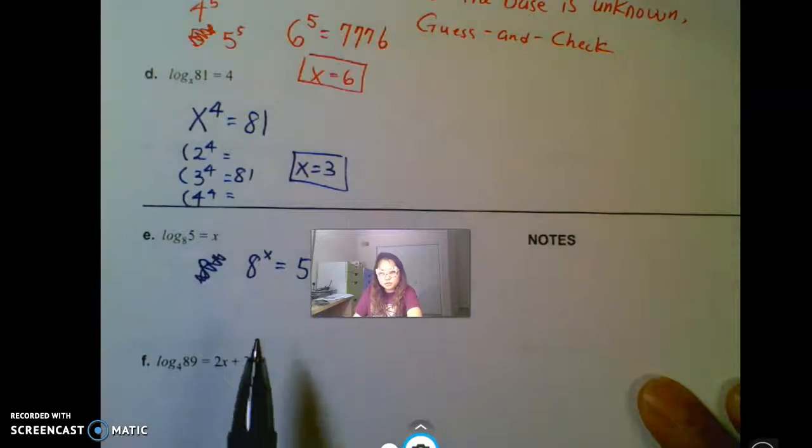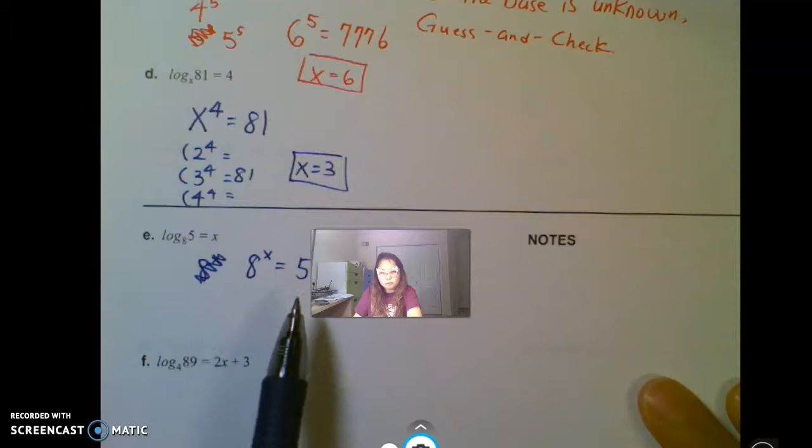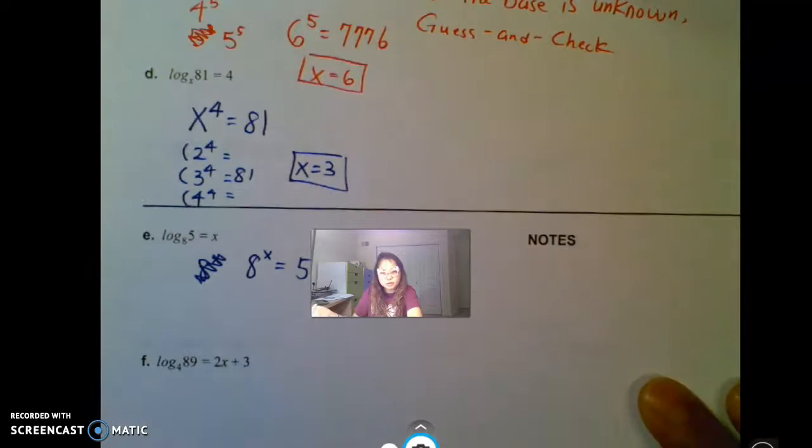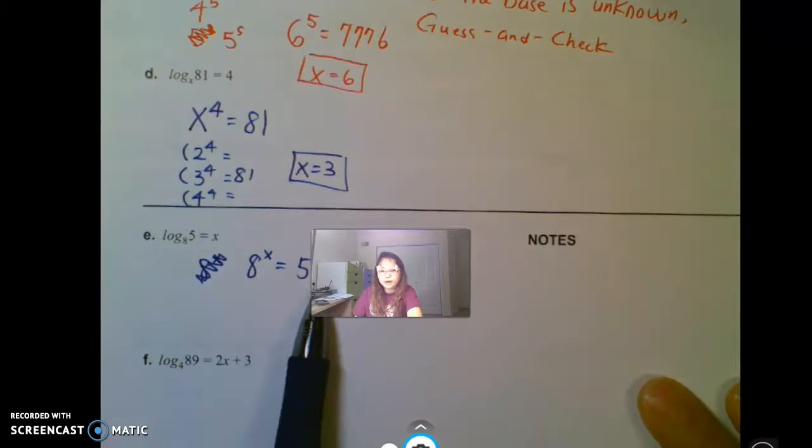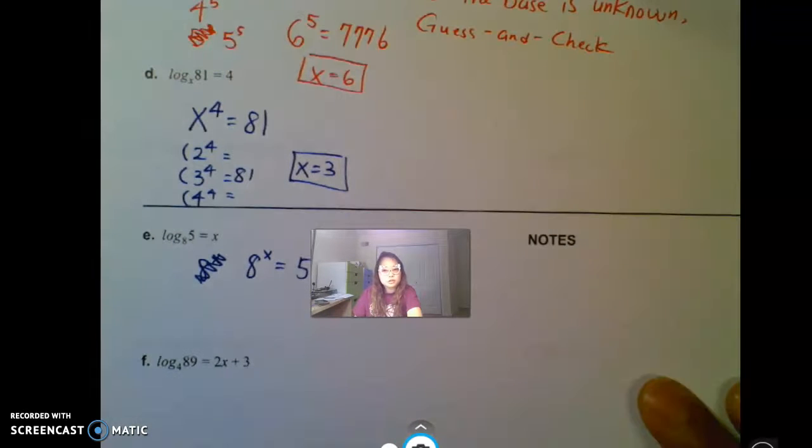Do you see? You should notice that I'm stuck. What do I do? Just because I said one side log means you have to convert into exponential, that will happen to you just like how it happened to me. But you just think about it. 8 to the x equals 5, it doesn't work.